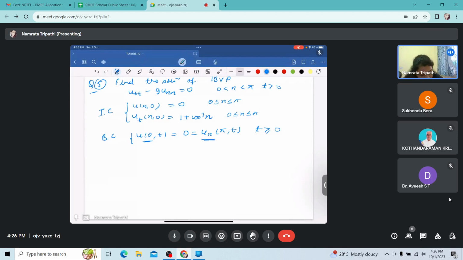Can anyone tell me the solution for this expression u(x,t) by using the previous expression? You can guess the solution.